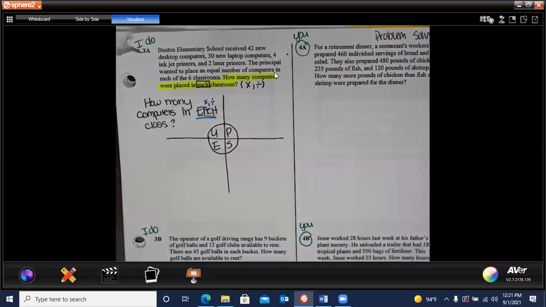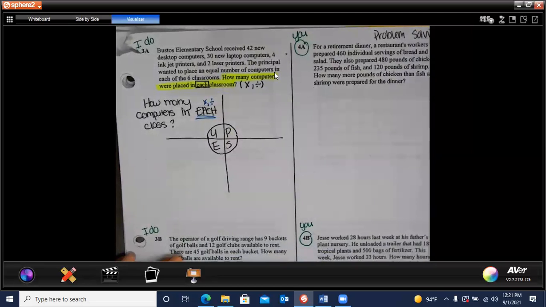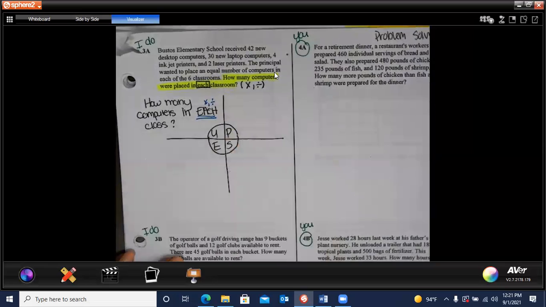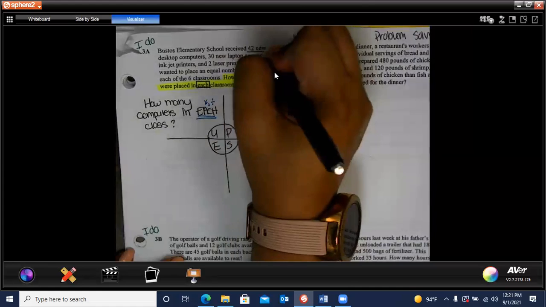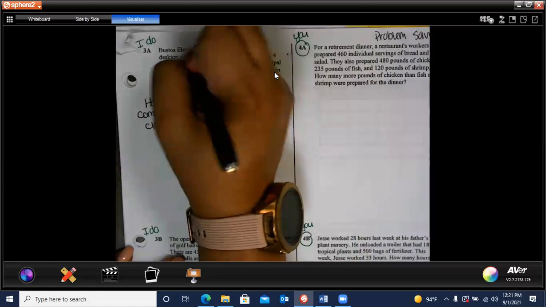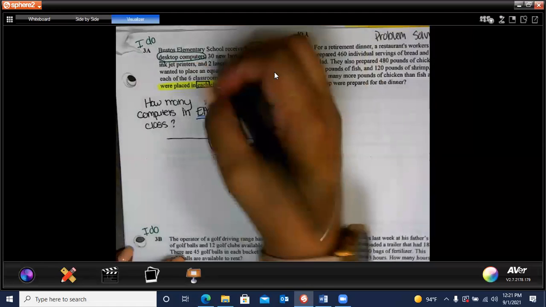Okay, so we underline the question, we circle information. What is the information that we need to circle? What are the products that we need to circle? And is there information that might need to be crossed out? Okay, 42 what? 42 computers. Yes, they're desk computers, but nonetheless, they're computers.